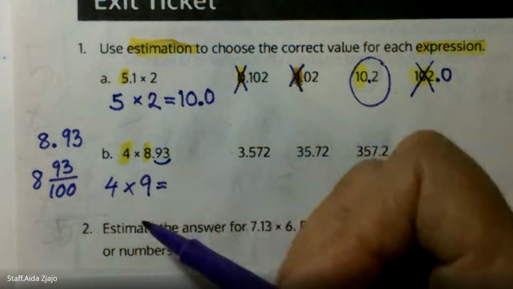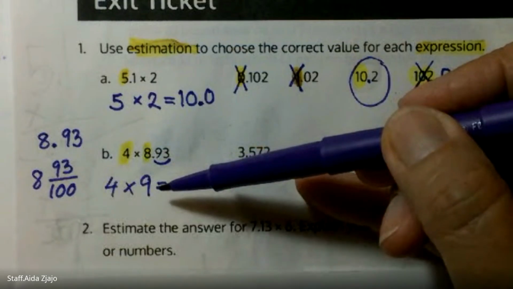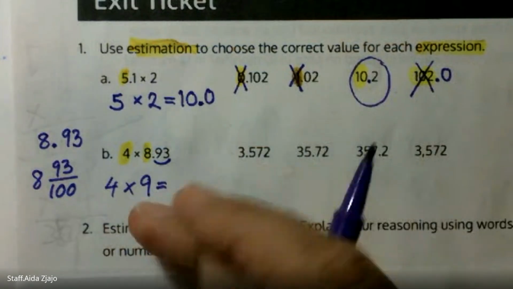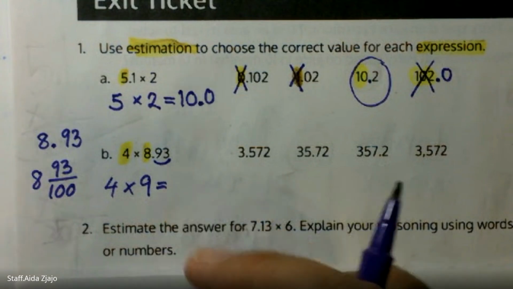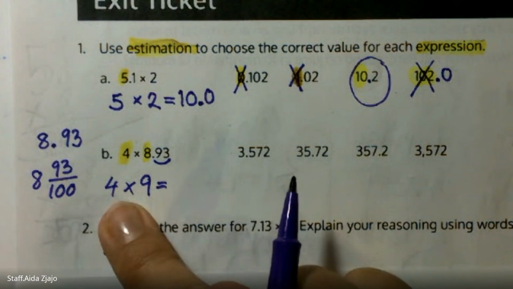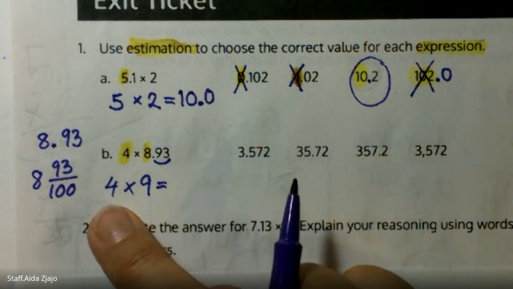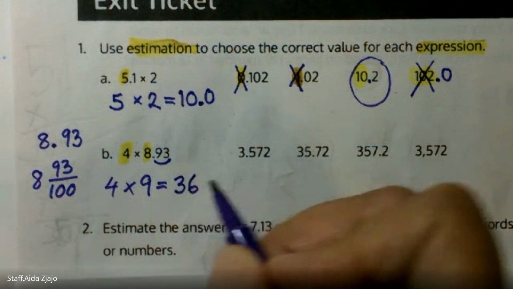And if you don't know what 4 times 9 is, you can think 4 times 10 is 40, and minus 4. 4 groups of 9 is, if you say 10 groups of 4, you can say that it's 40. So 1 less 4 would be 4 times 9, which is 36.